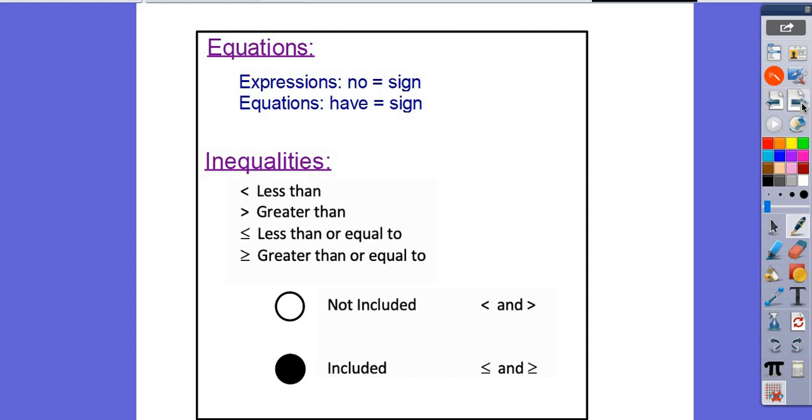You have an open circle that stands for not included. That is used with your inequality signs that do not have an equal sign, so less than or greater than. A closed circle stands for included, which means something is included there.